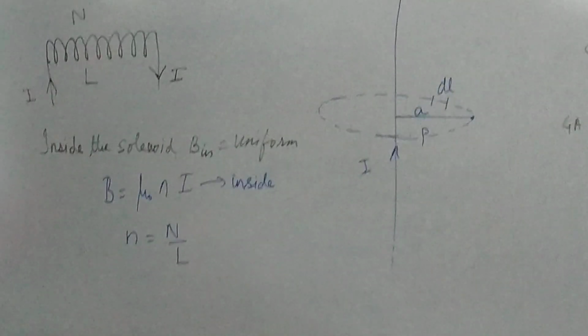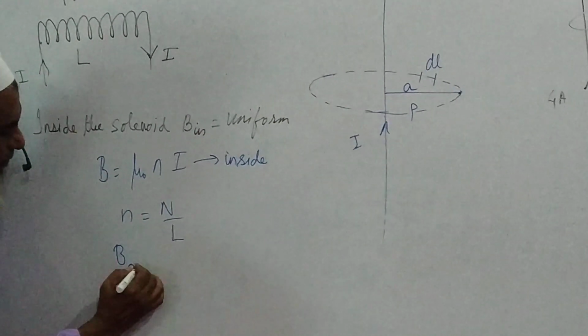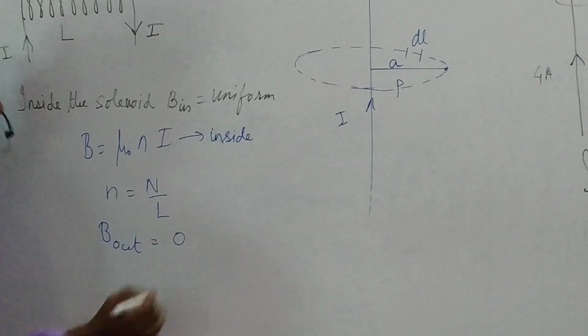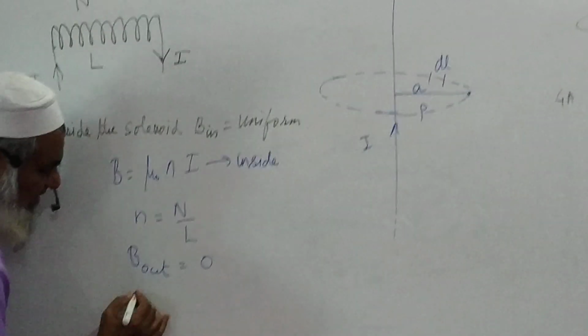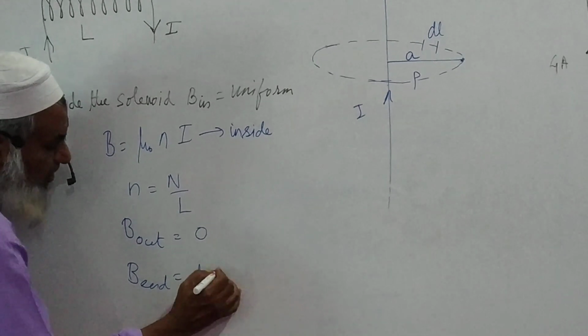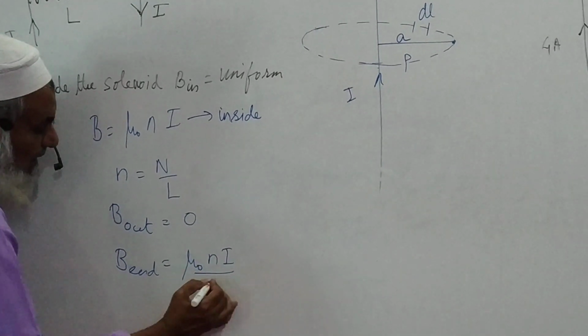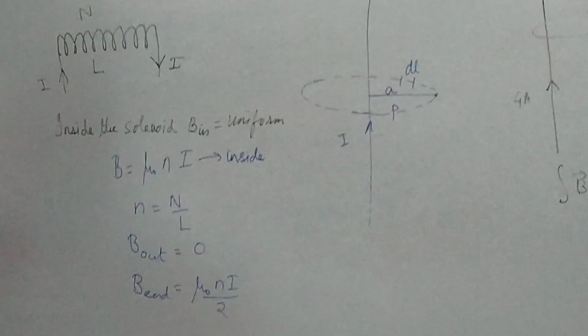Outside the solenoid it is 0, at any point outside the solenoid it is 0. If you take the end points, there are two ends, and at any end it will be mu naught n I upon 2. So these are the equations regarding a solenoid.